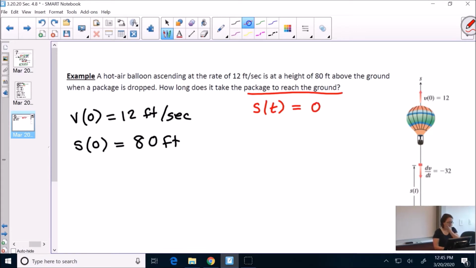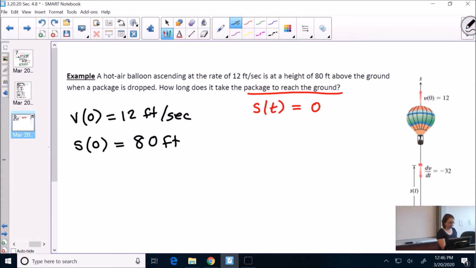Okay. So if we know, alright, back up. What do we know? This is a package that is in free fall. We've talked about free falls before.